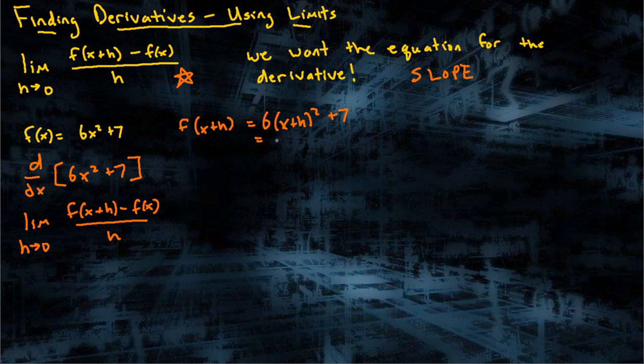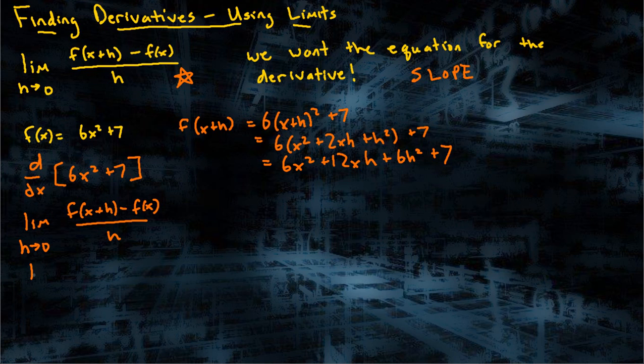I'm going to multiply that out, and I'm going to get 6 times x squared plus 2xh plus h squared, plus 7. I'll go ahead and distribute that 6, so I get 6x squared plus 12xh plus 6h squared plus 7. So now I'm going to take that and put it into here.